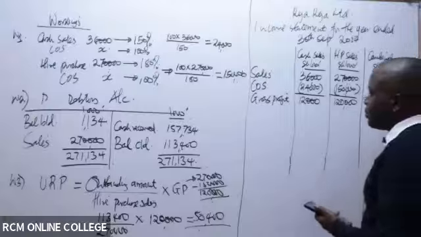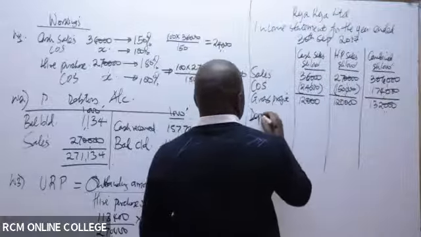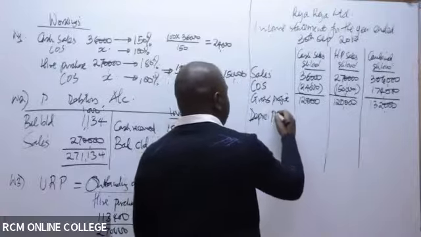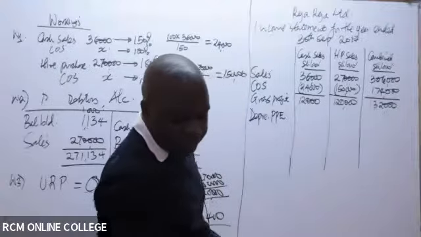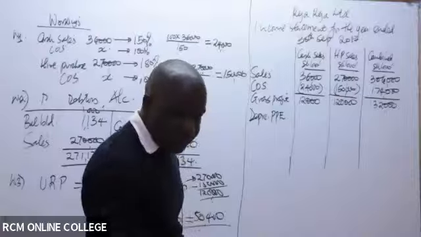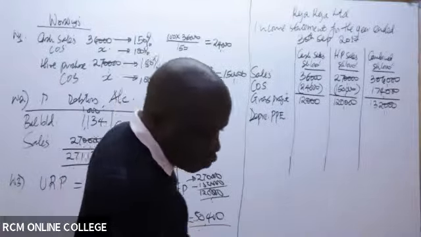In this case, they have talked about depreciation on property, plant, and equipment. As per the additional information, we need to provide depreciation on property, plant, and equipment at the rate of 15% per annum on cost.